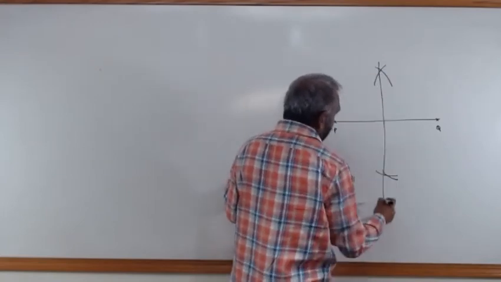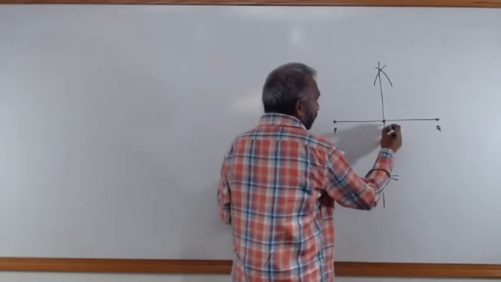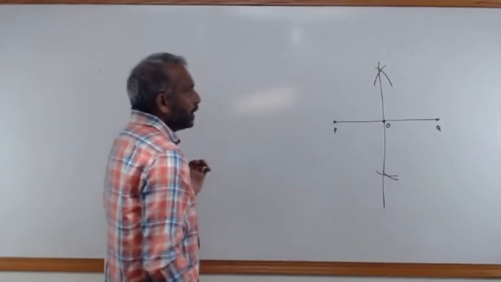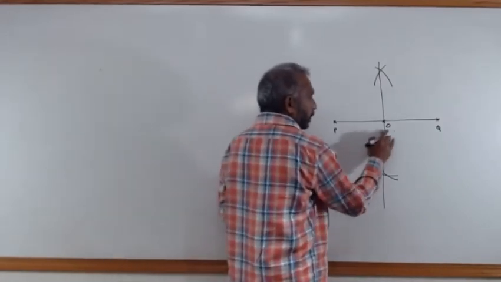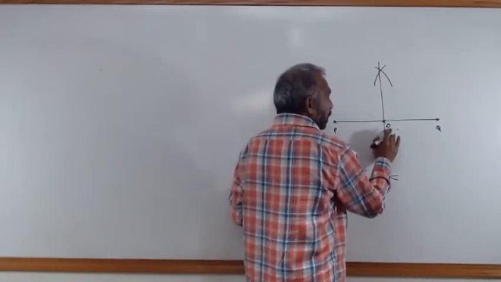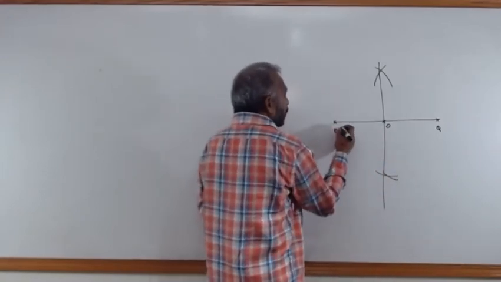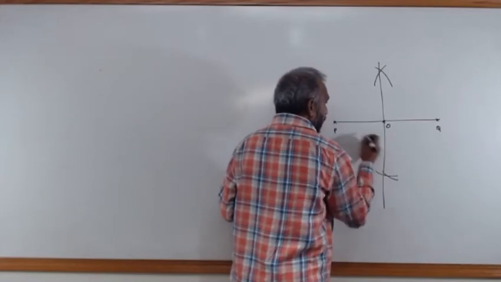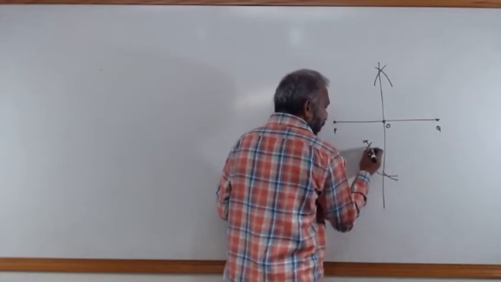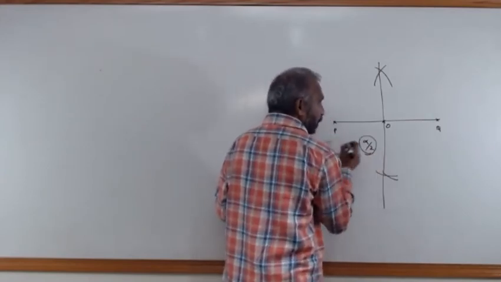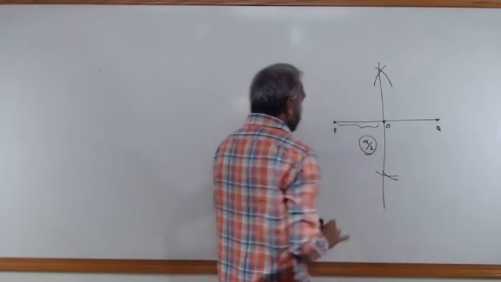Then you join these two, this will be the midpoint. So we can always find the midpoint of P and Q. In other words, you know the distance here, and half of it is also constructible. So we know this portion.